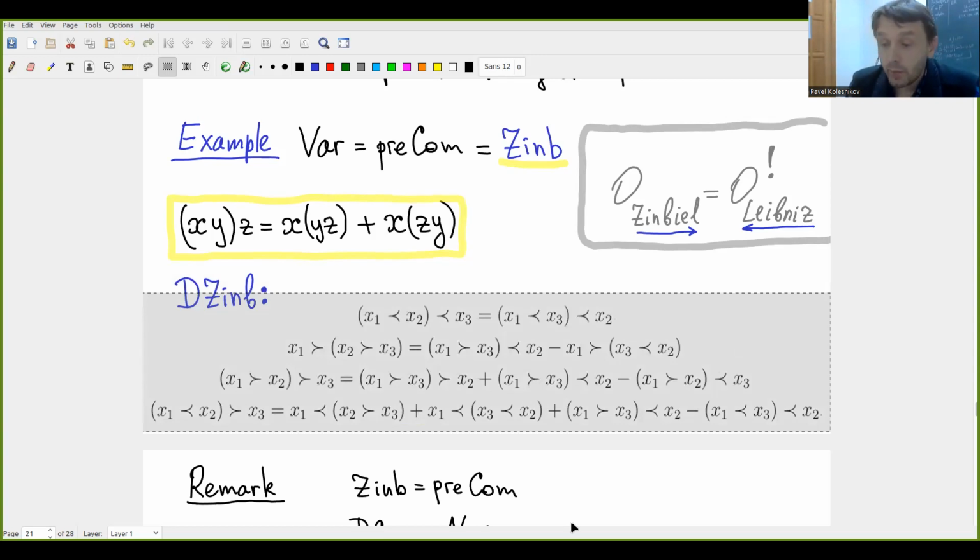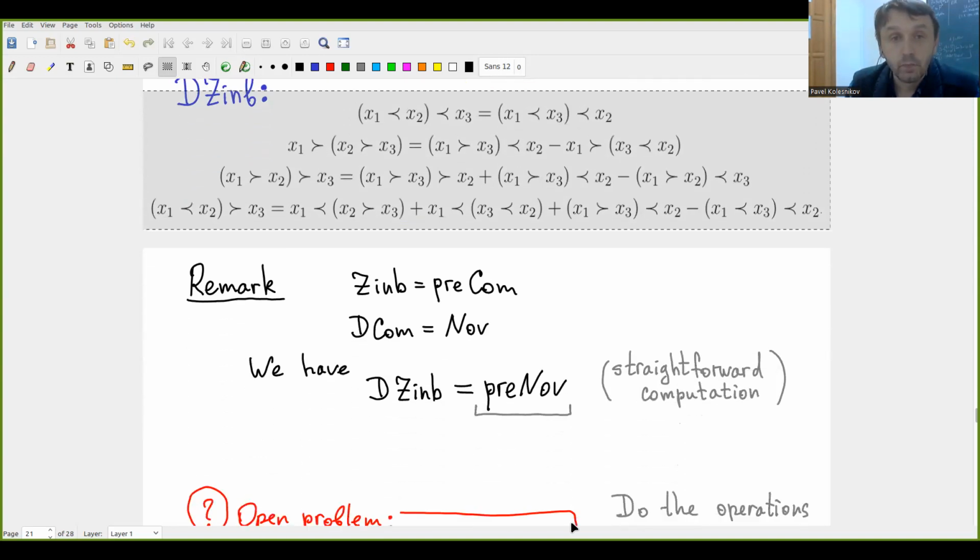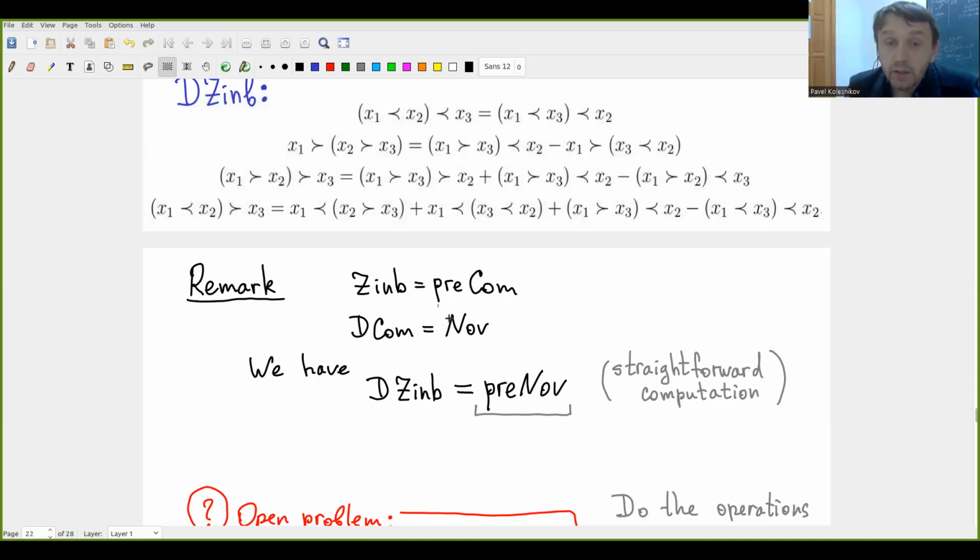But let me also make the following observation. Zinbiel algebras are pre-commutative algebras. Derived commutative algebras are Novikov algebras. In this particular case, we can apply dendriform splitting to Novikov algebras. Dendriform splitting is also an easy procedure.